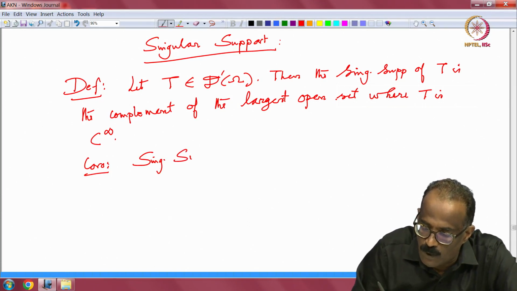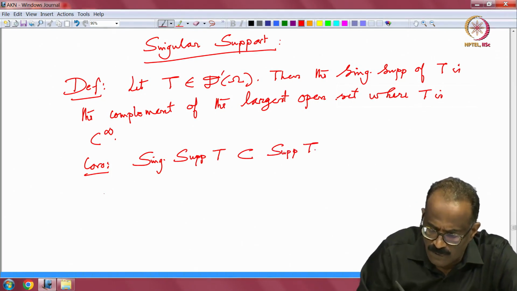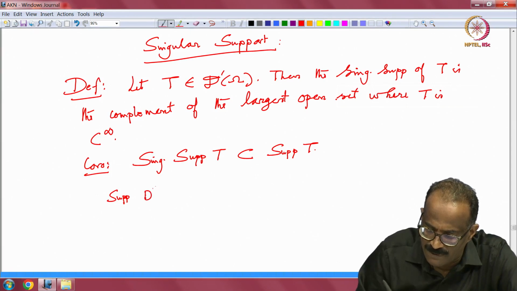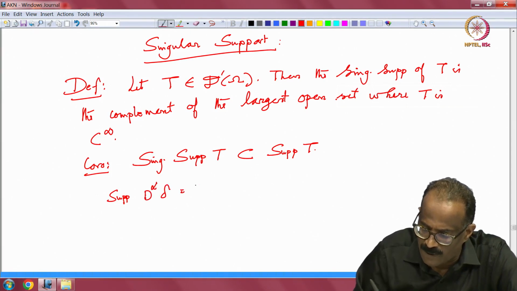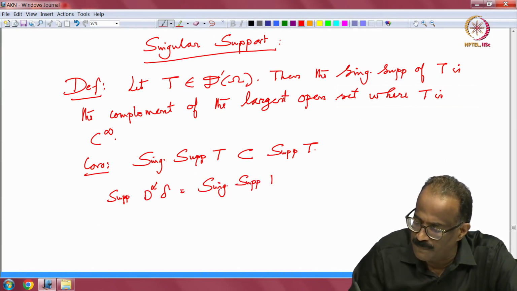The singular support of T is contained in the support of T, and for the support of the Dirac delta and its derivatives, the same; the singular support, by immediate verification, of delta is equal to 0.